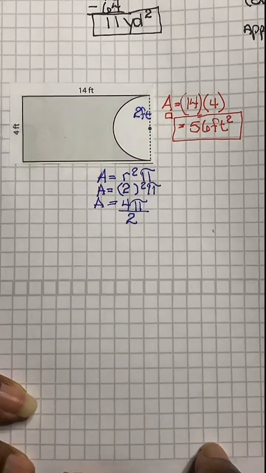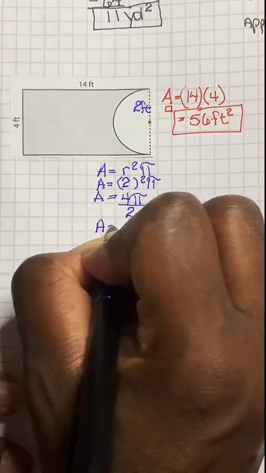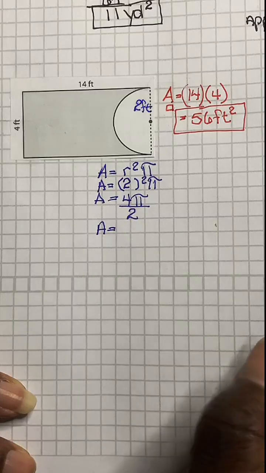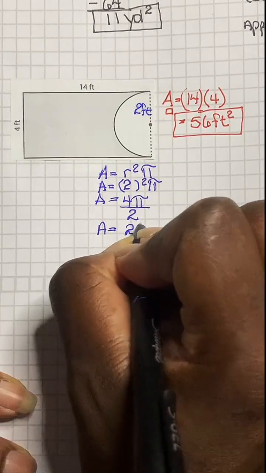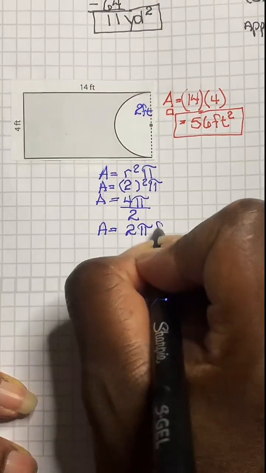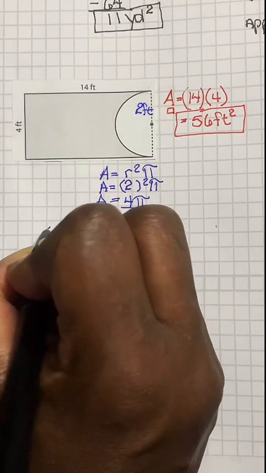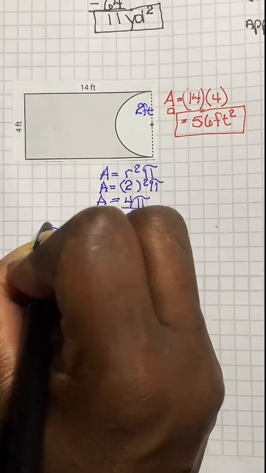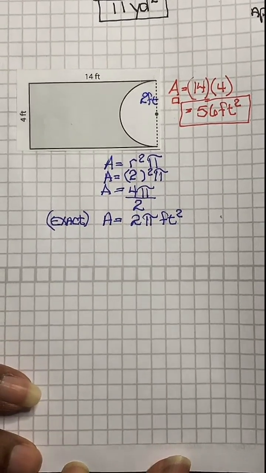So 4 pi divided by 2 will give me 2 pi squared feet, if I'm looking for the exact answer.